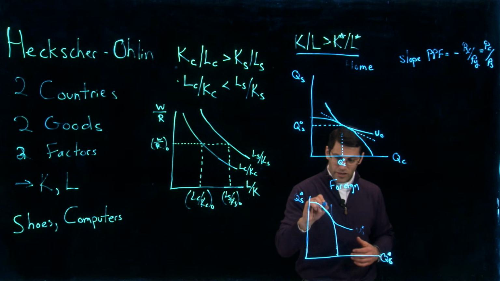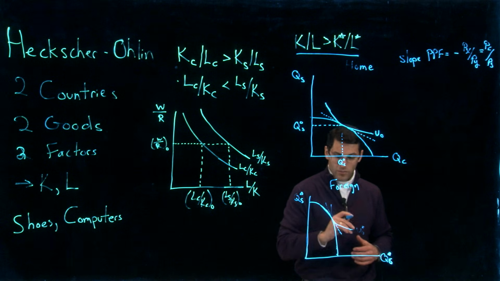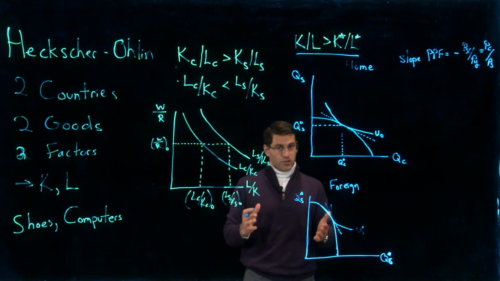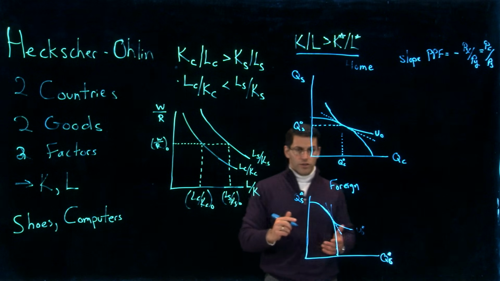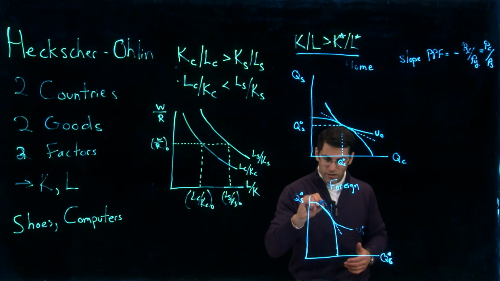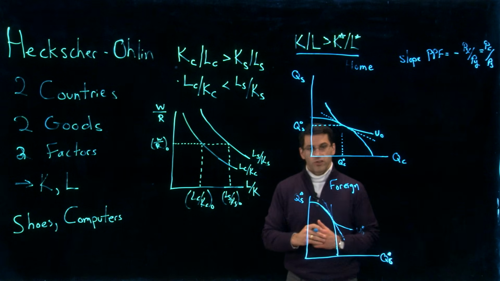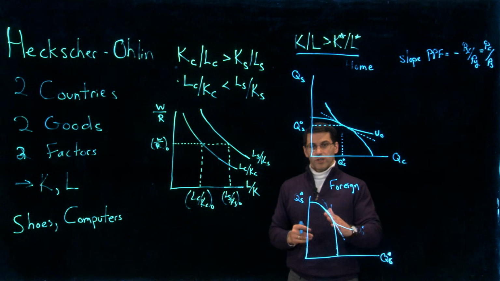And if we draw our price line, which again is reflecting the slope of both the PPF and the indifference curve in equilibrium, you can very clearly see that the relative autarky price of computers for the foreign country is higher.